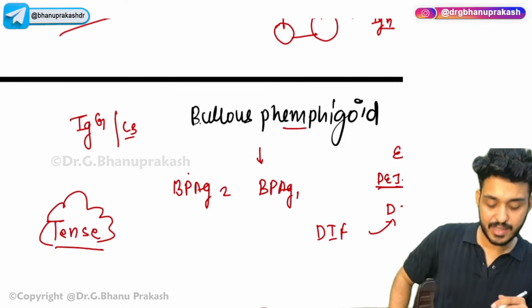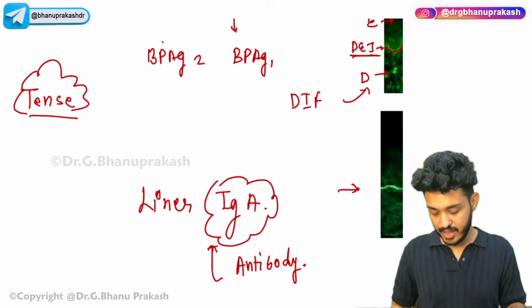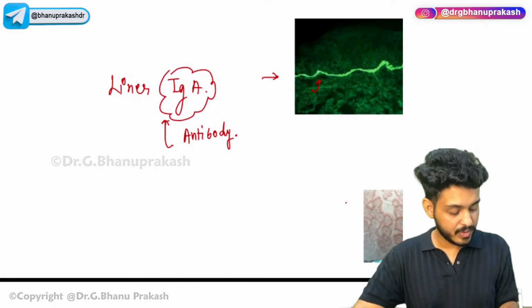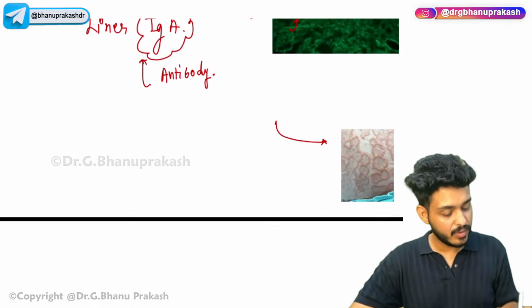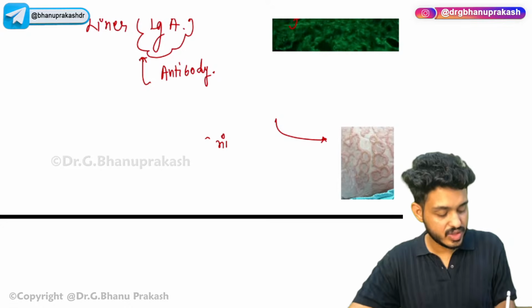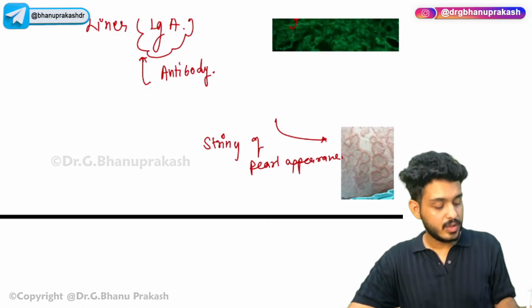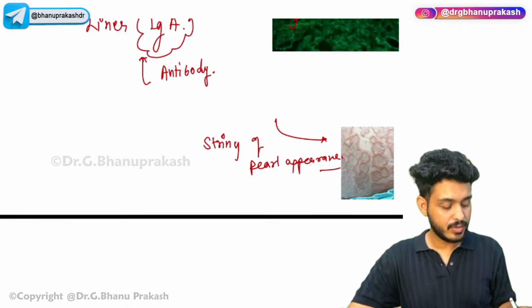Along with that, in linear IgA you will be finding this particular appearance, known as string of pearl appearance.